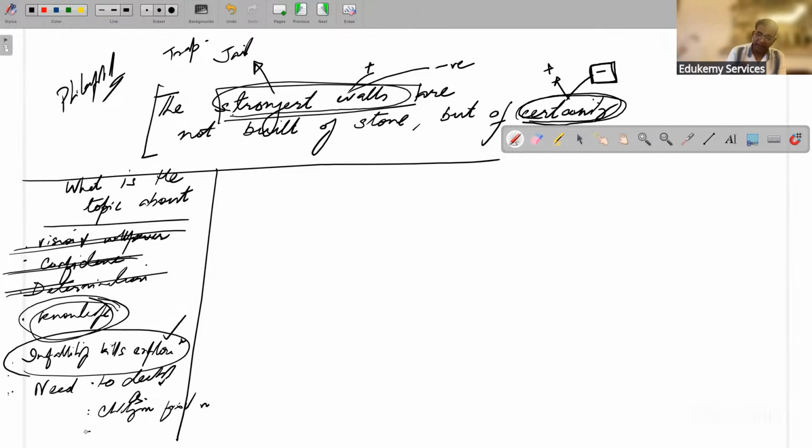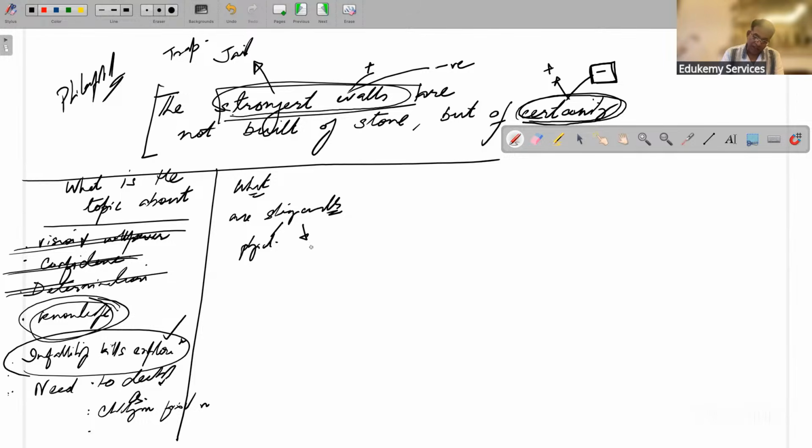So this topic is questioning, is certainty strength or is certainty weakness? यहां पर हम what पूछेंगे. What are strong walls? यहां पर strong walls किस सेंस में है? Strong wall, is it about physical walls?